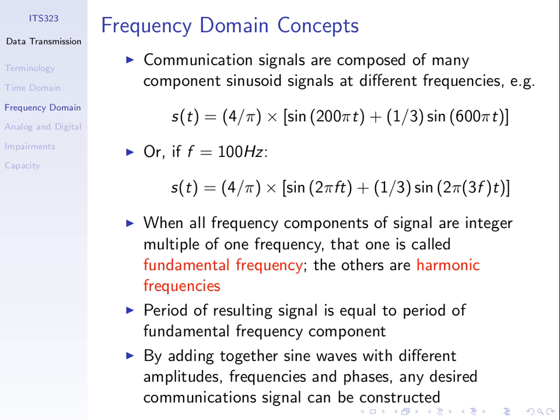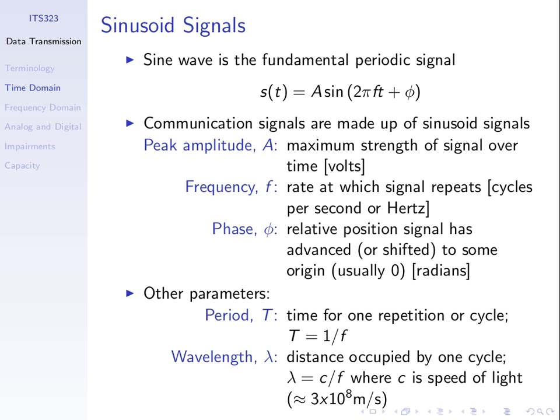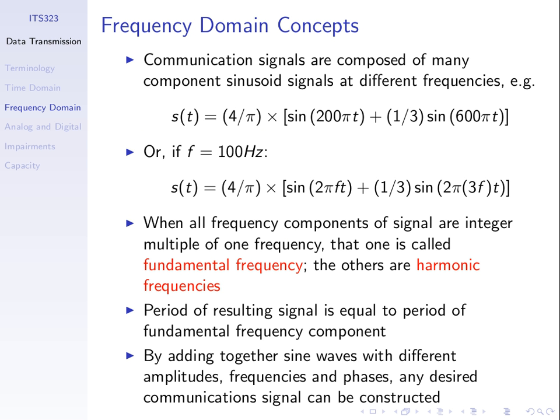What's the frequency of signal 1? What's the frequency of S1? I almost heard it. No? 100. Go back to our general equation. A sine 2 pi ft. 2 pi ft, we have 200 pi t, therefore f must be 100.